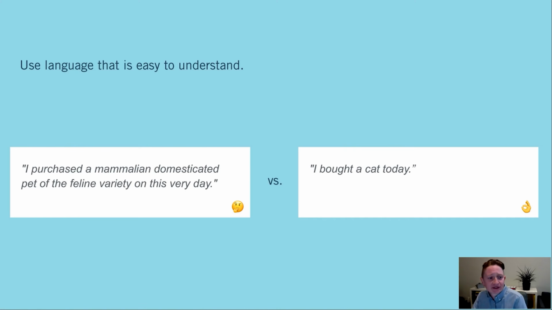So best practice is to use inclusive language, which is, most obviously, not using language that is either racist or sexist or that has negative connotations. But it's also about keeping things simple. So using simple words and using shorter sentences.